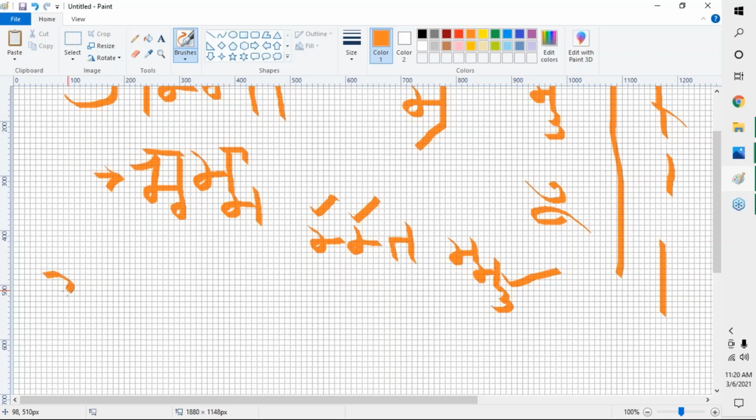Just take that once. So it was amma. So this was full. Then there was ma. I'm just writing the Devanagari. Then it was ma.